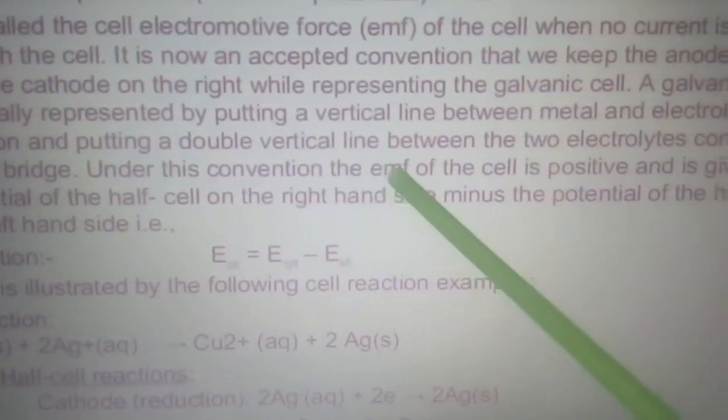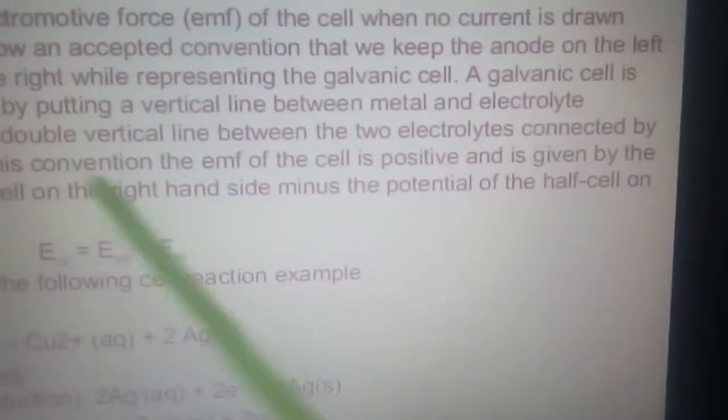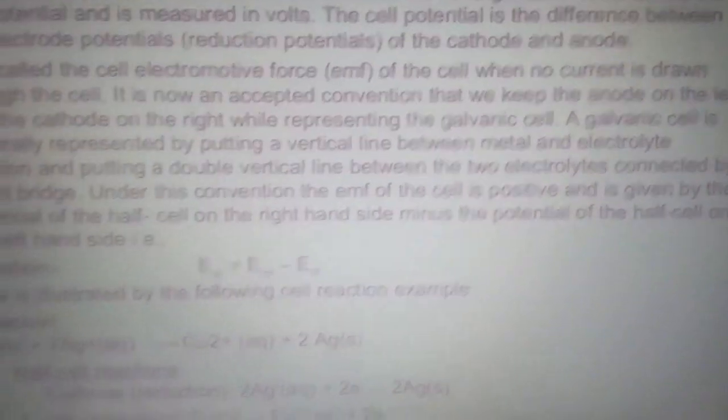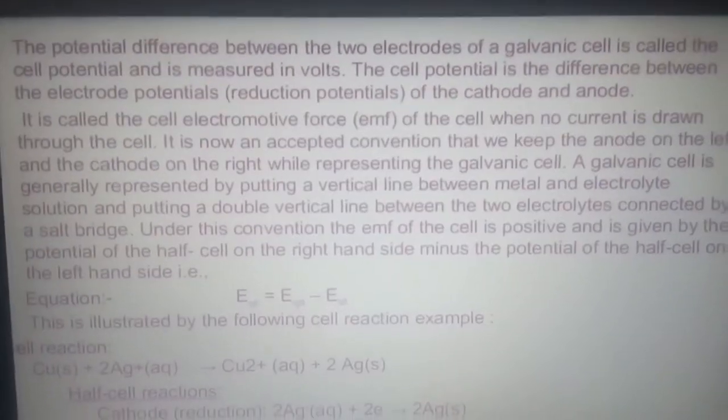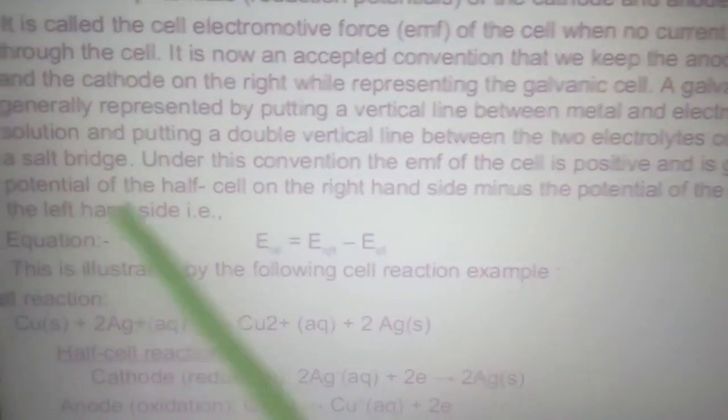Putting a double vertical line between the two electrolytes, we represent the cell. That means in a cell there are always two halves, the anode and the cathode, separated by a double vertical line. We have already seen the cell representation.